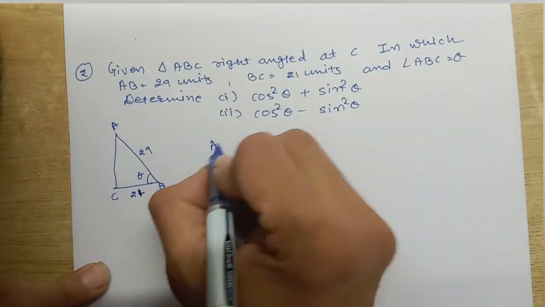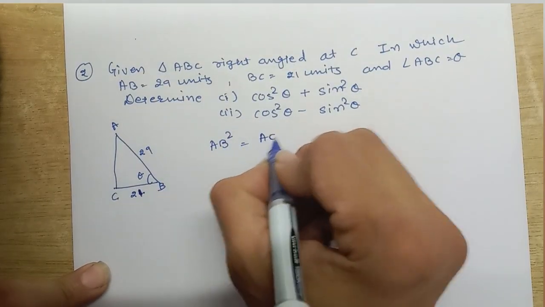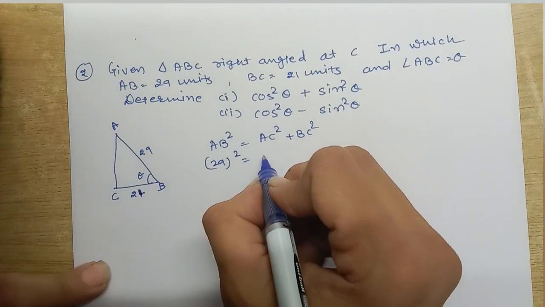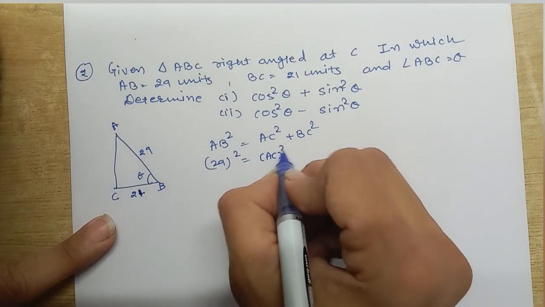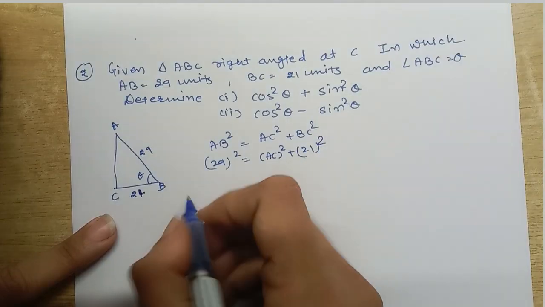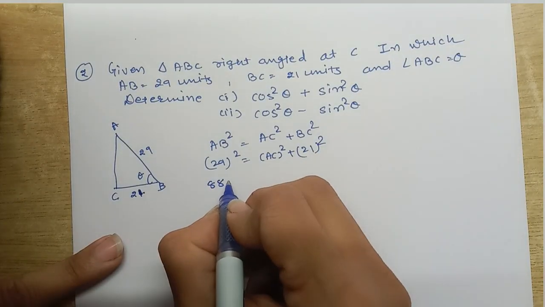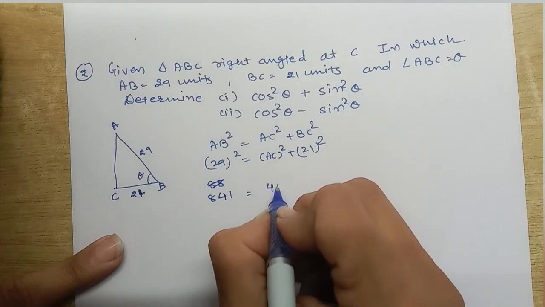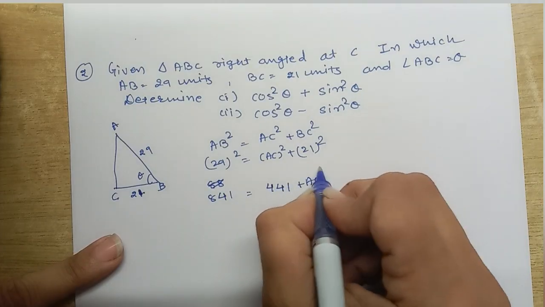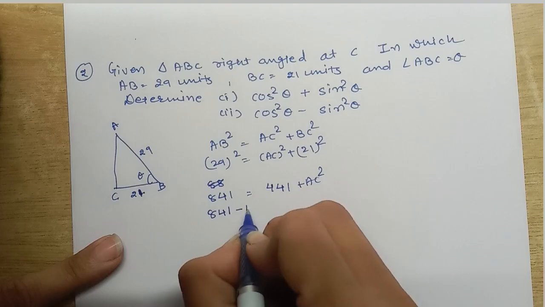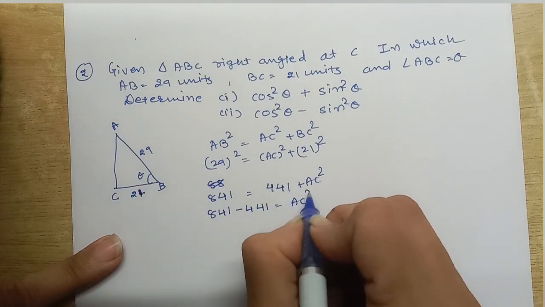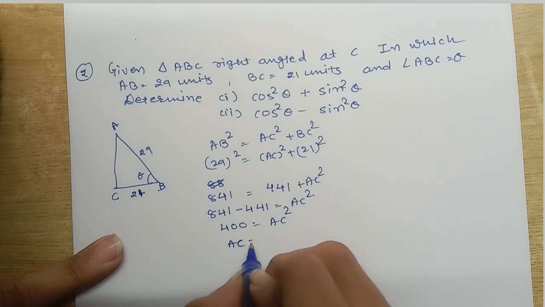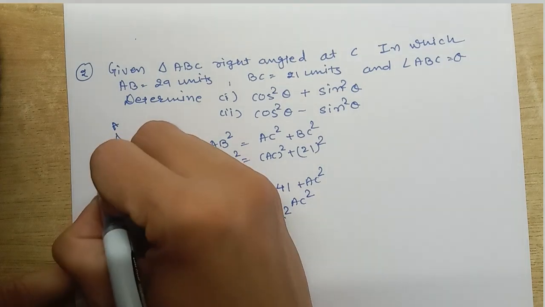So we all know that AB square is equal to AC square plus BC square. 29 square is equal to AC square plus 21 square. 841 is equal to 441 plus AC square. So 841 minus 441 is equal to AC square. So 400 is equal to AC square, and AC is equal to 20.